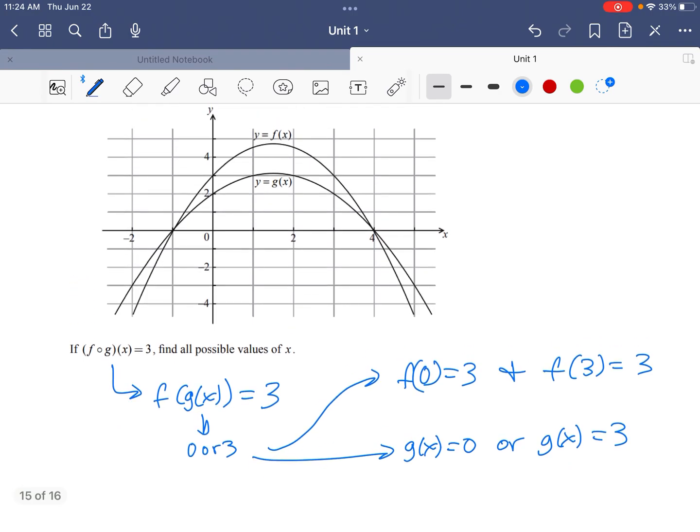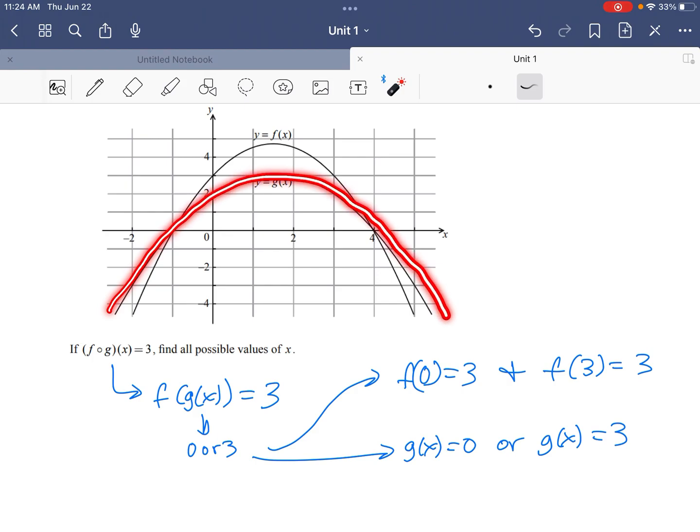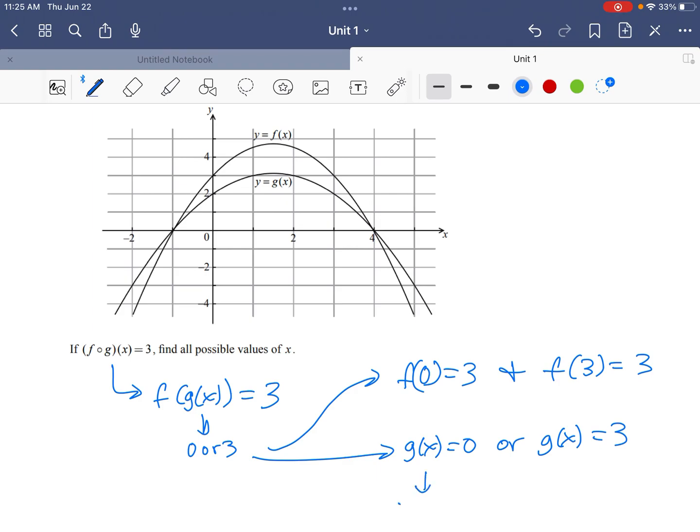Okay, so let's figure when that happens. So let's look at g of x. We're looking at this parabola right here. When is g of x equal to 0? Well, it's equal to 0 here and here. So I'm going to jot that down. So x would have to be -1 or 4.